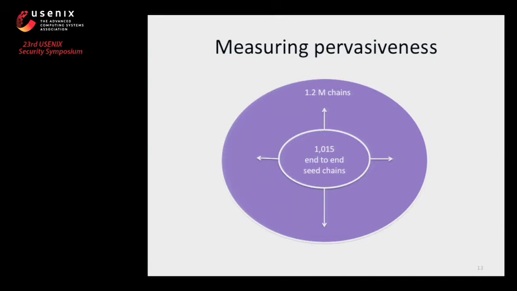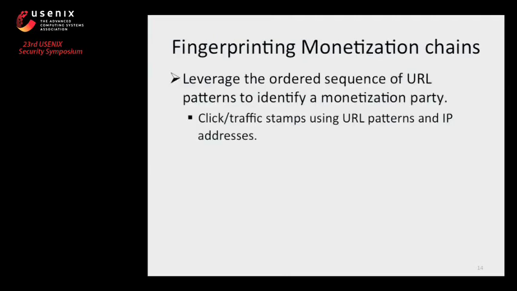The way we did that is through a process we call fingerprinting. Using this set of 1,000 chains, we split the data set into half, and we generated fingerprints or stamps that represent a click monetization party or a traffic monetization party. This stamp consists of an ordered sequence of URL patterns and IP addresses that identify a certain monetization party.